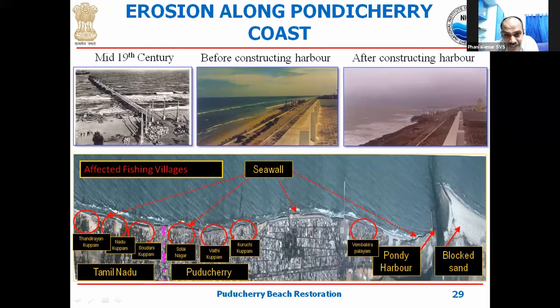You can see the white patch at the end of the sand. What I want you to note is that because of the seawall, there was a huge deficit of sand available in that region, and waves were breaking right at the bottom of the seawall. That was the conclusion from this photo.